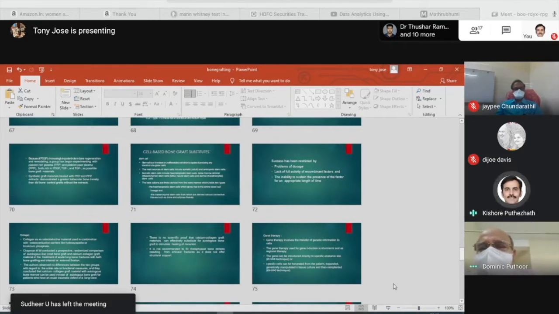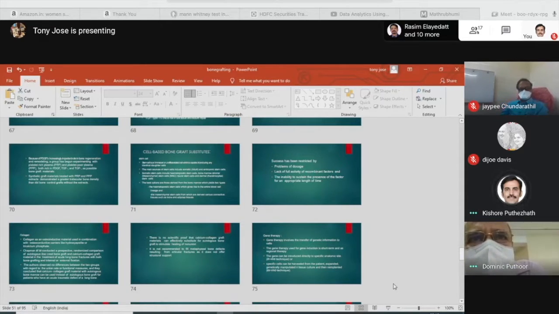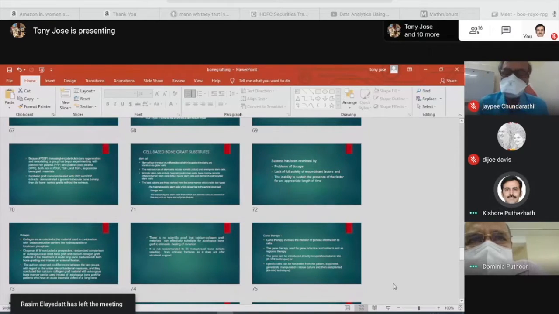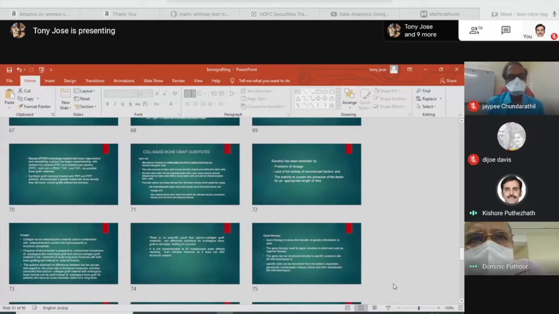Practical applications are mainly for G-Bone and calcium phosphate, mainly for trauma purposes. It is mainly for articular fractures, for filling cavities because the metaphysis will be collapsed. When you elevate, there will be a large gap, and that gap has to be filled with something.